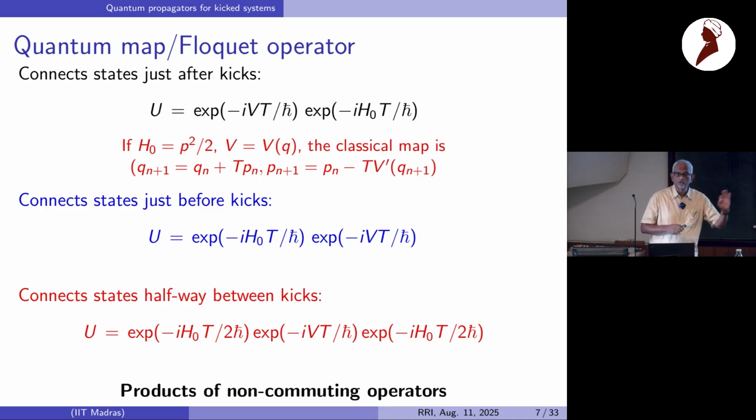Well, whether it should match with the Liouvillean is not obvious, because the Liouvillean is acting on densities, whereas U is acting on these pure states. So there is some equivalent.